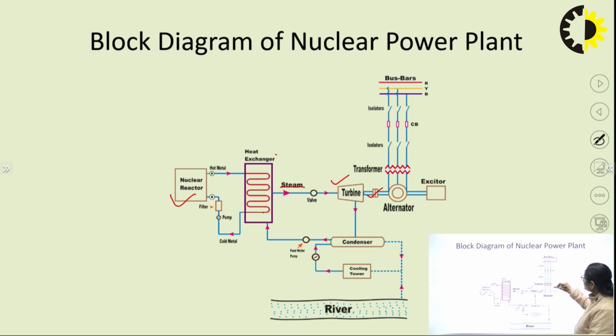The generator provides electrical output, which is sent to the grid or the power system. The steam coming out of the turbine is condensed, converted back to the water and sent to the heat exchanger again for the conversion of water into steam, and in this manner the cycle is complete.